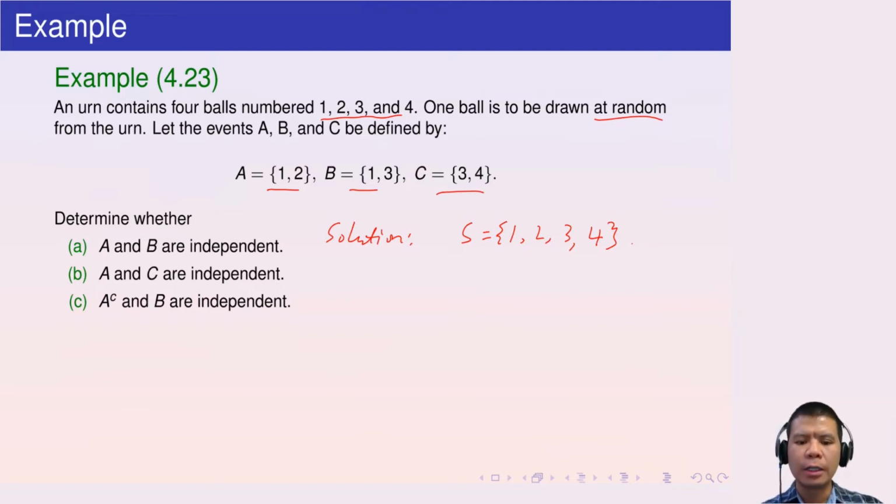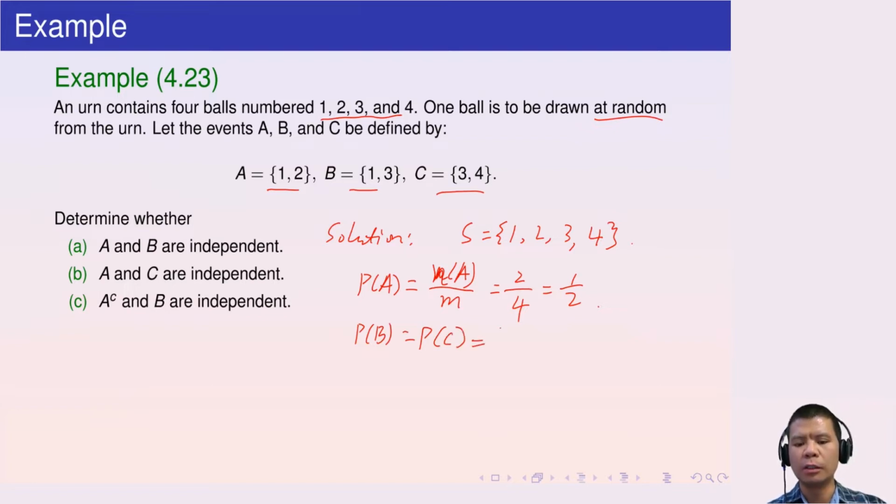Therefore, the probability of A is simply n(A), the number of outcomes in A, over n(S), which is 2 out of 4, so 1/2. Similarly, the probability of B equals the probability of C equals 1/2 as well. In other words, the probabilities of A, B, and C are all 1/2.